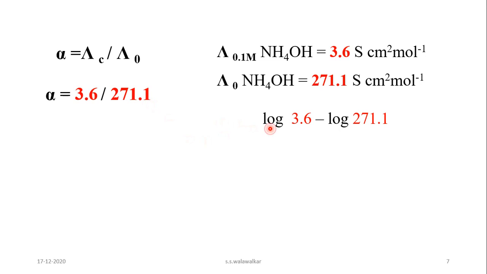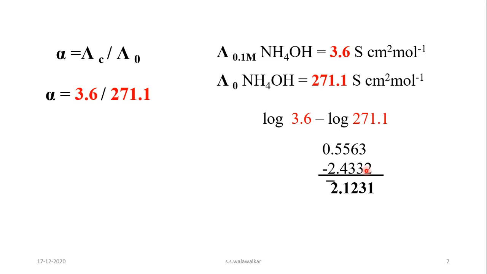By using log, we can calculate like this: log of 3.6 minus log of 271.1. Log of 3.6 is 0.5563 minus log of 271.1, which is 2.4332.